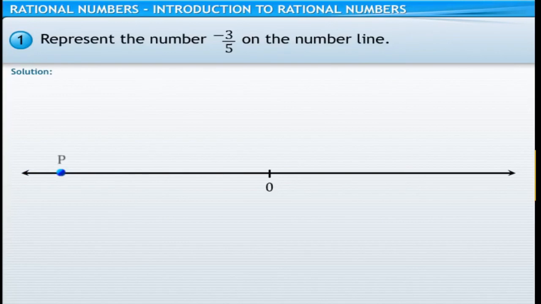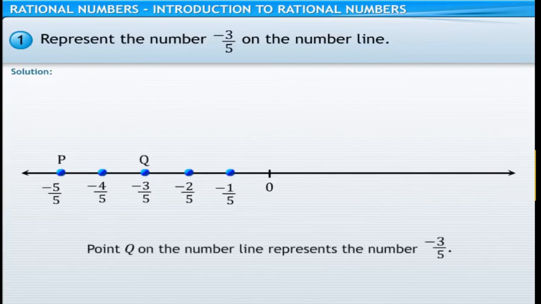This point P represents the point -5 divided by 5, which is equal to -1. Mark 4 points at equal distances between 0 and P to divide the distance into 5 equal parts. Point Q on the number line represents the number -3 divided by 5.